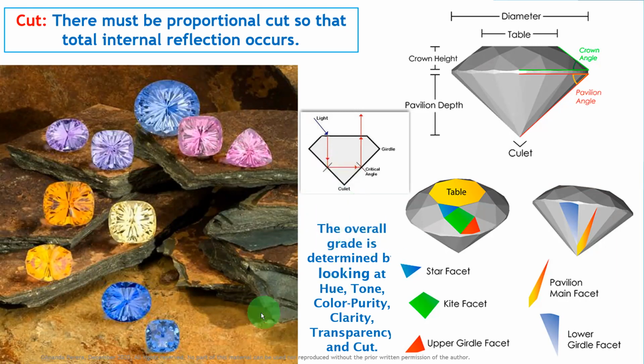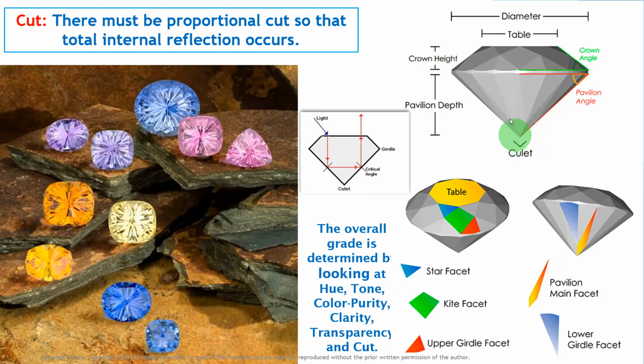Then the overall grade is determined by looking at hue, tone, color, purity, clarity, transparency, and cut. Look at this gem. You can see the diameter of the stone, the table size, crown height, and pavilion height.